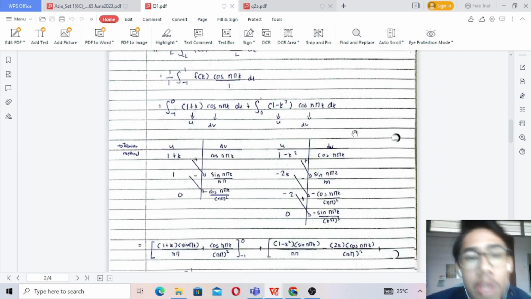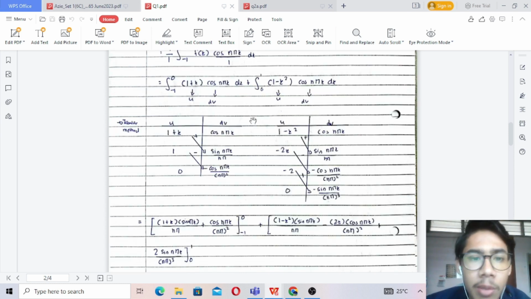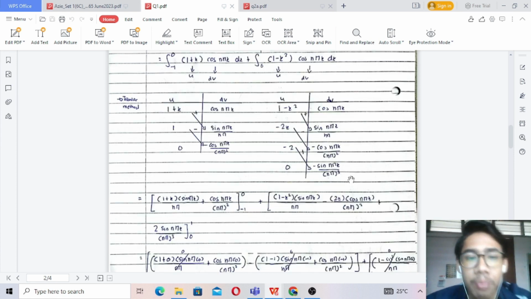We have to use the tabular method. There are two tabular methods that we use. In the first one, u is 1 + x and dv is cos(n pi x). In the second, u is 1 - x squared and dv is cos(n pi x). So this is the tabular method: for u we differentiate, and for dv we integrate.